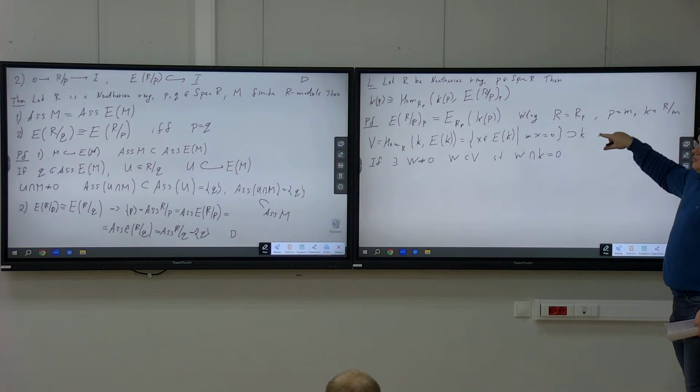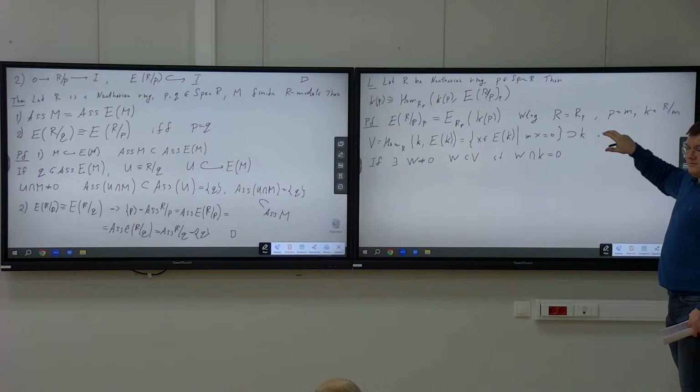I'm saying that, well, suppose this is not one-dimensional, suppose I have something else besides this K. But if it's just a vector space, I can take something which is in the complement to this K. But that's a contradiction to the fact that this is an essential extension. Right?